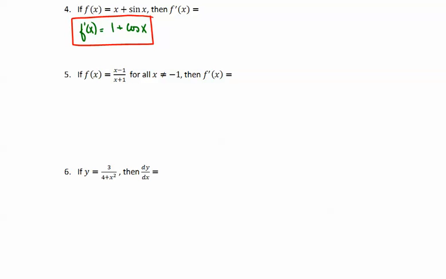f of x is x minus 1 over x plus 1 for all x not equal to negative 1. Then what is the derivative? So in this case we have a quotient rule.